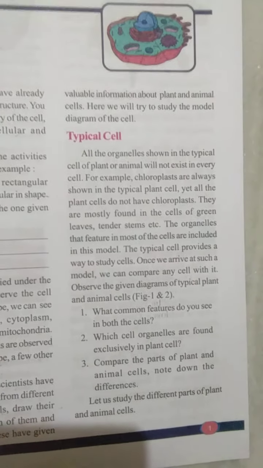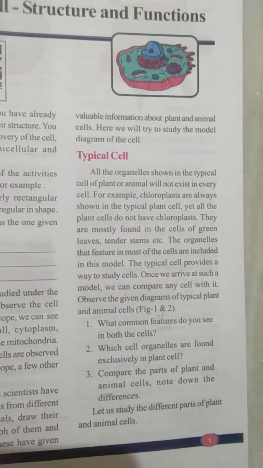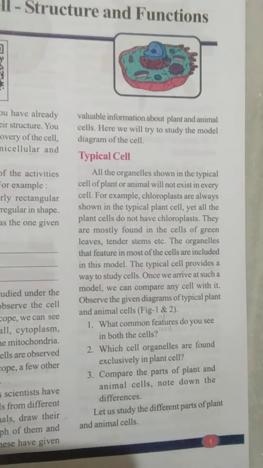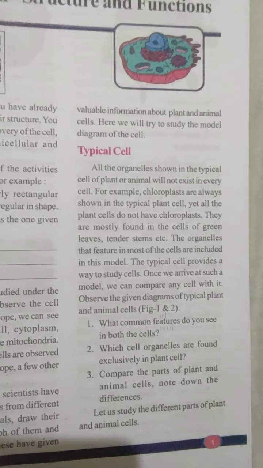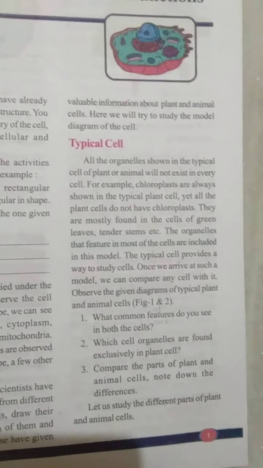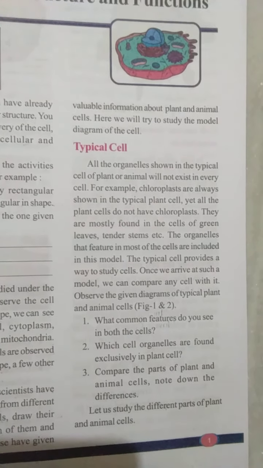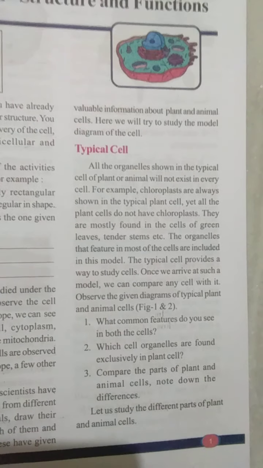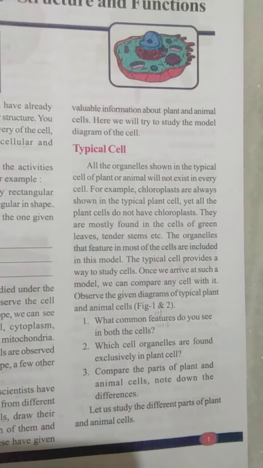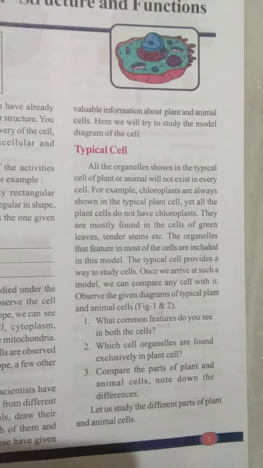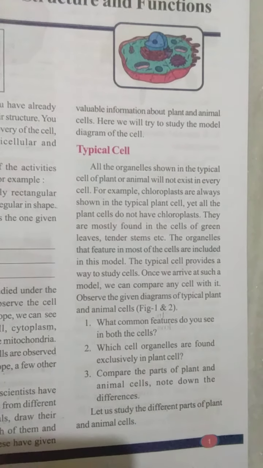For every plant cell, it can't be a chloroplast. They are mostly found in the cells of green leaves. Chloroplasts are present in the green leaves, tender stems, etc. The organelles that feature in most of the cells are included in this model.